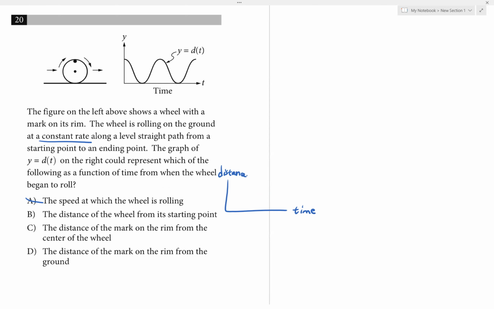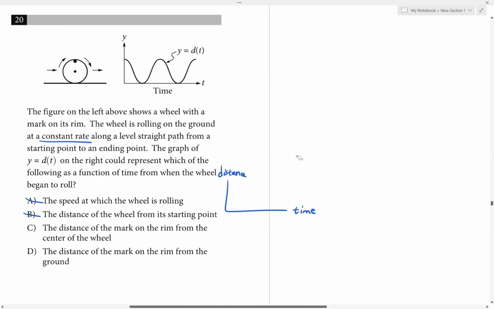The distance will just keep on increasing, starting from 0 and going up in a straight line. So again, it won't go up and down, because we're not going backwards, we're only rolling forward. So it's not B.